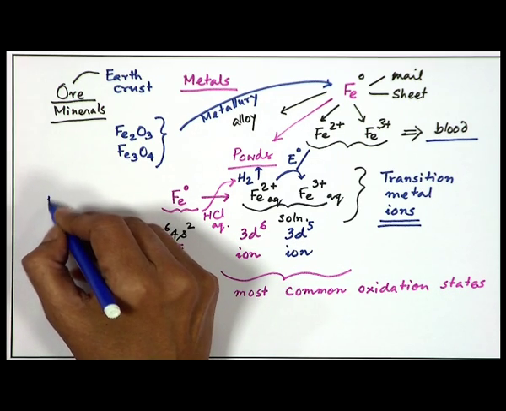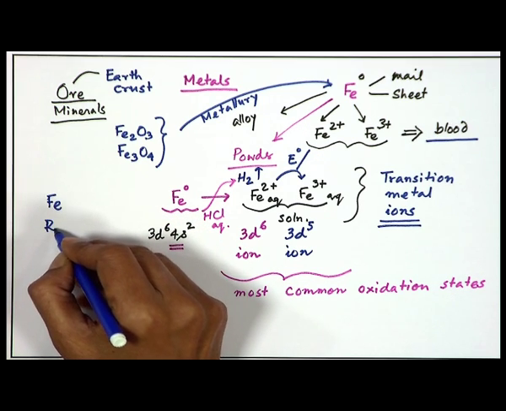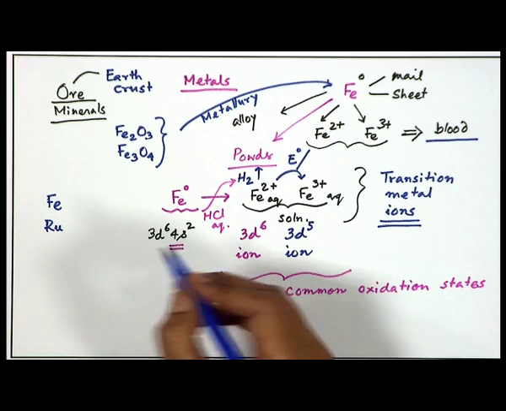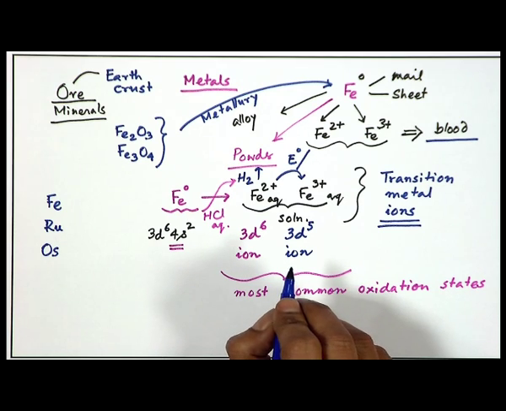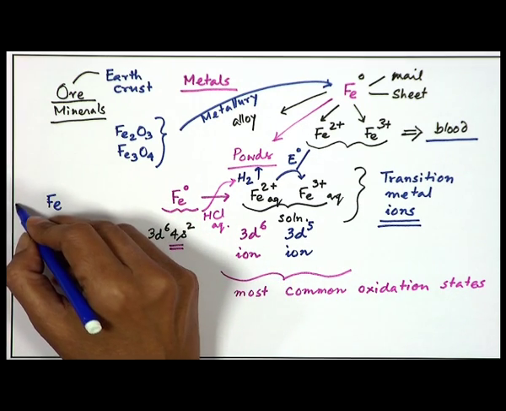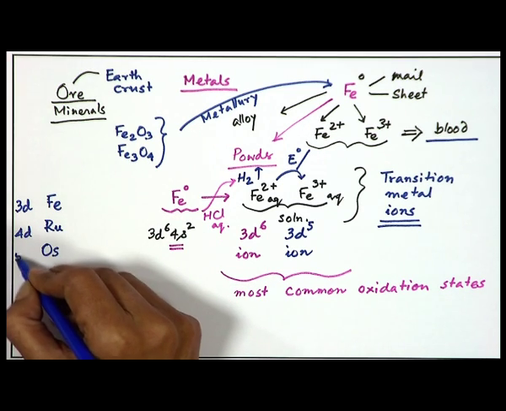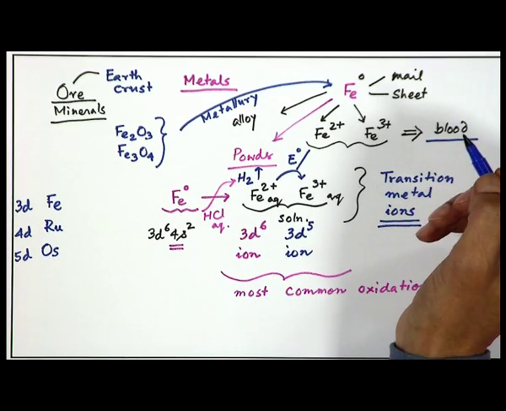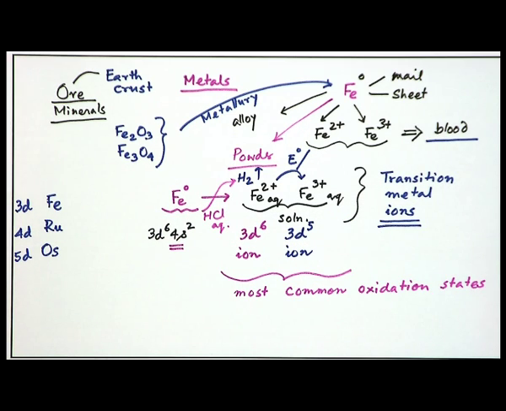If we consider the periodic table, we have iron, ruthenium and osmium, which are 3D, 4D and 5D, and these give rise to some electronic configuration.